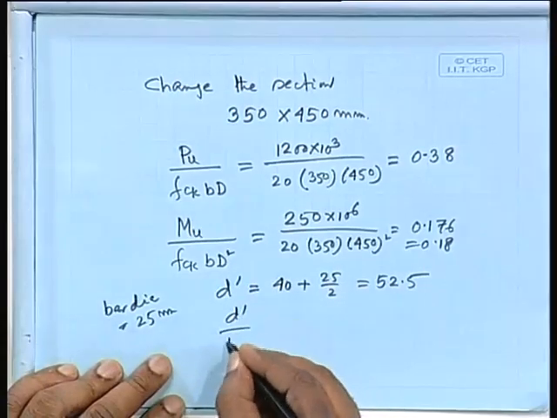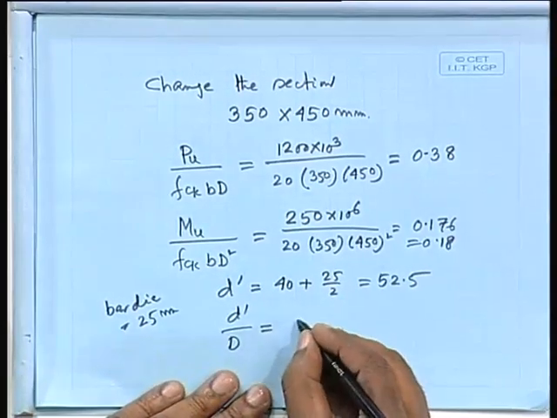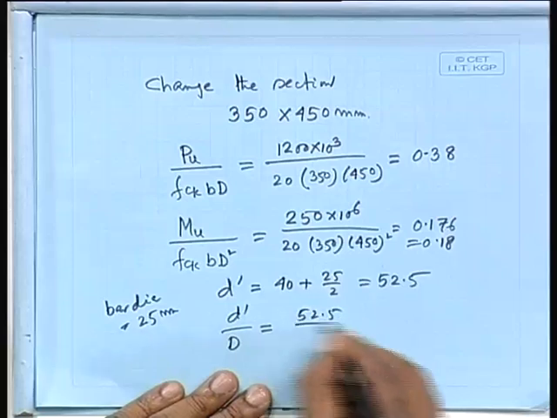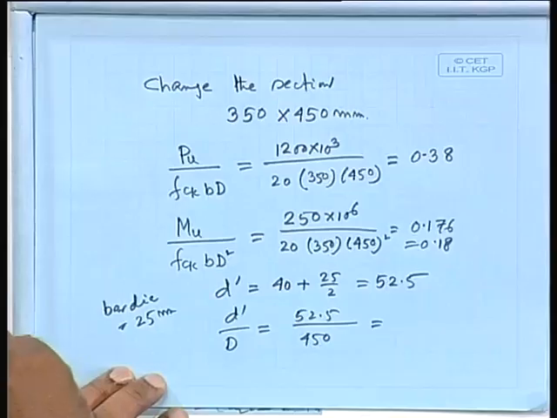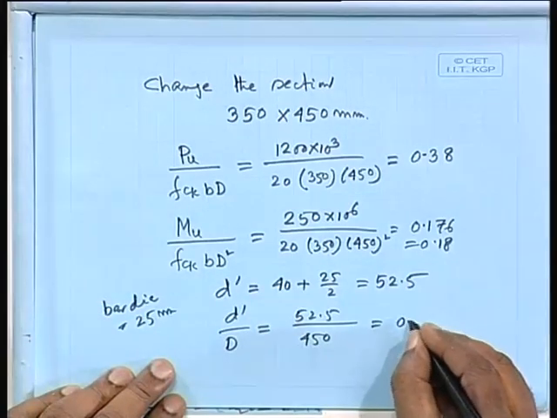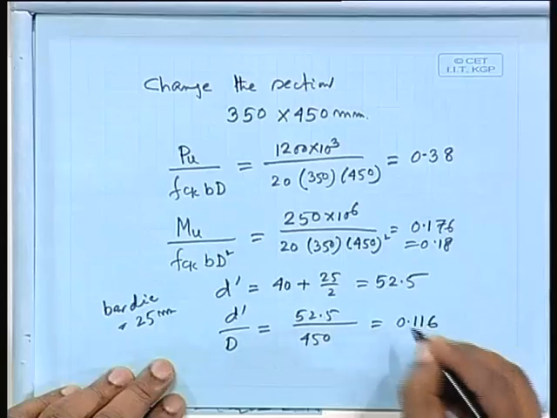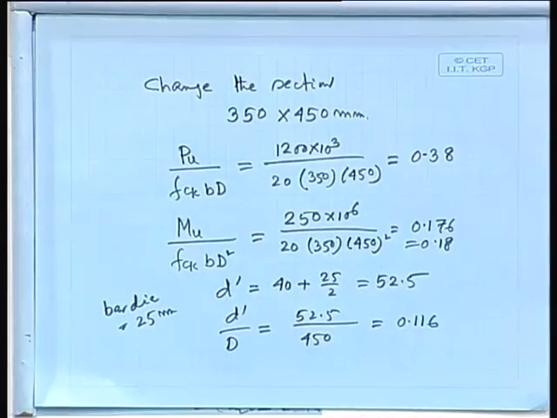So d dash by D equal to 52.5 divided by 450, which comes as 0.116.